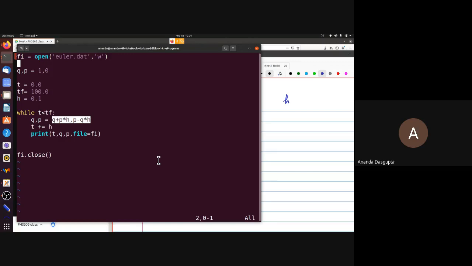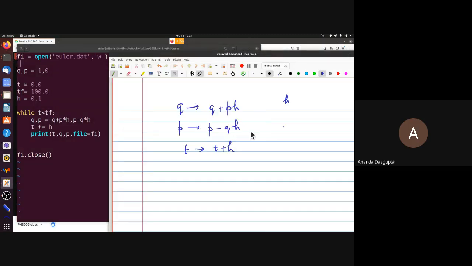And then that actually is put in a tuple. That is, these two numbers come together as a pair. But when you say Q comma P equal to that, that gets unpacked. That is, Q becomes Q plus PH and P becomes P minus QH. So that's what is really happening in this code. And T becomes T plus H in the next line. That's what plus equal to means.